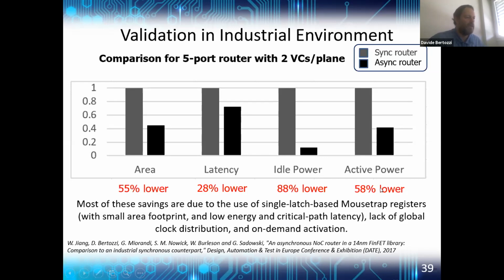That's not bad. And most of these savings are due to the use of single edge-based master registers that have low area overhead, low energy, and critical path latency, due to the lack of a global clock distribution, and due to on-demand activation of the circuitry.